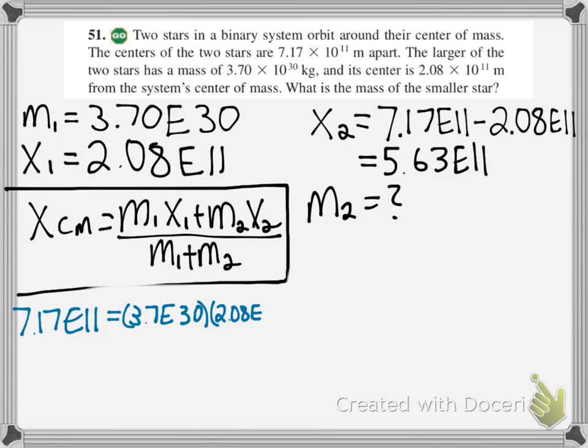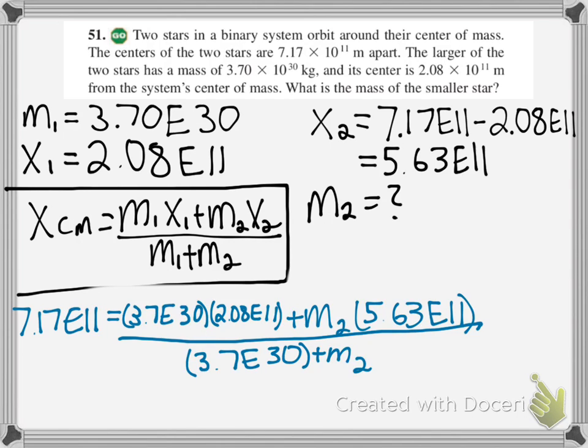Okay, just rewrite this bigger here. Divided by 3.7 times 10 to the 30th, plus M2, of course. M2 there is empty because we don't know what M2 is. We just left it as the variable.